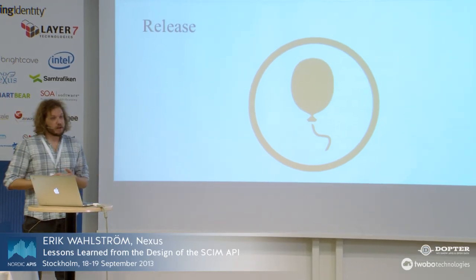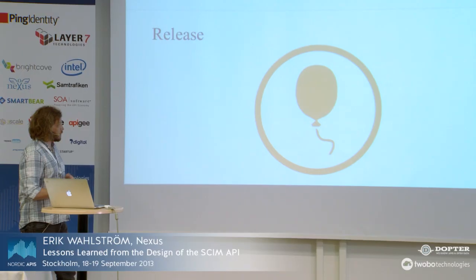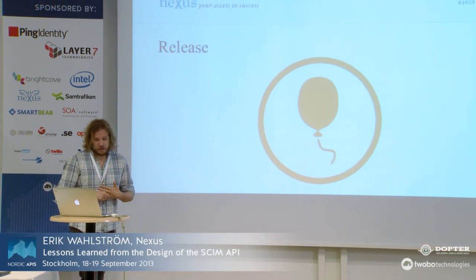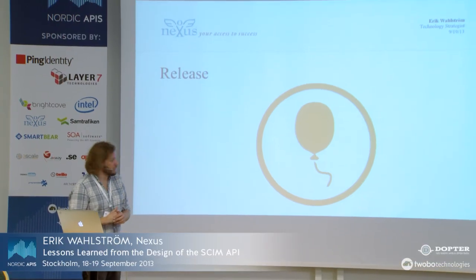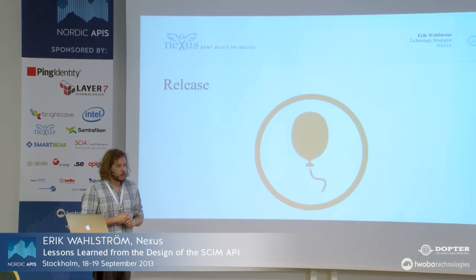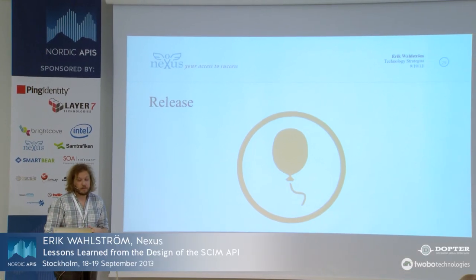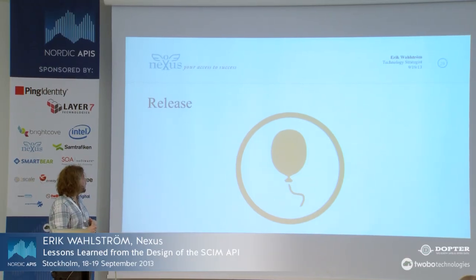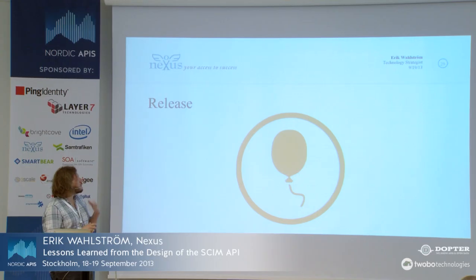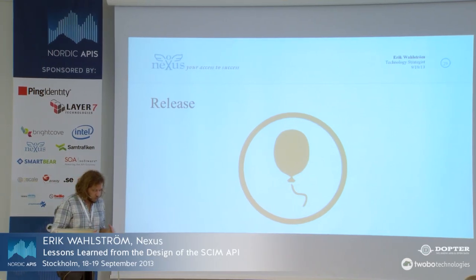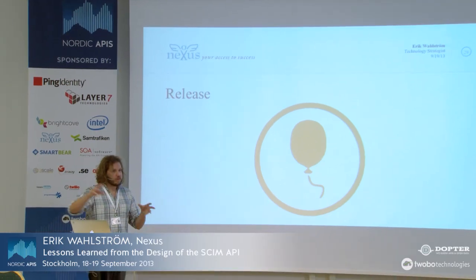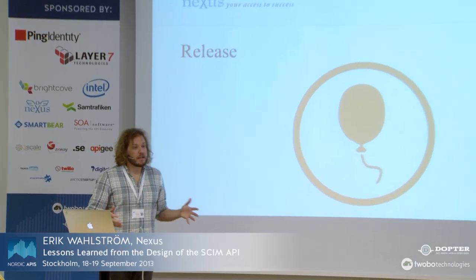Well, we made the release of the first version of SCIM pretty quick. I think it took 9 months developing it. Version 1.1 took 4 months. And then we got some implementations going, because it's pretty important when you develop a standard that you have different corporations implement it.